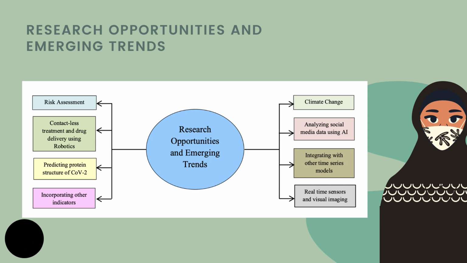After they use machine learning to predict the growth or trend of the COVID-19 pandemic, we can see that we have a lot of opportunity in the future and emerging trends. The first one is risk assessment.